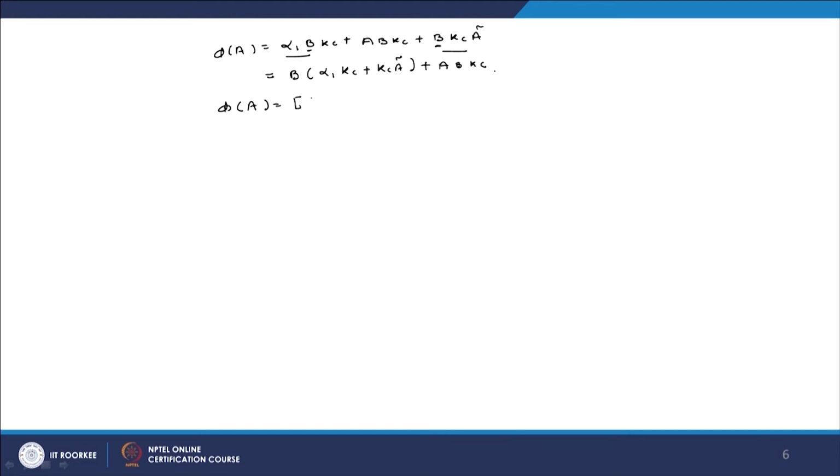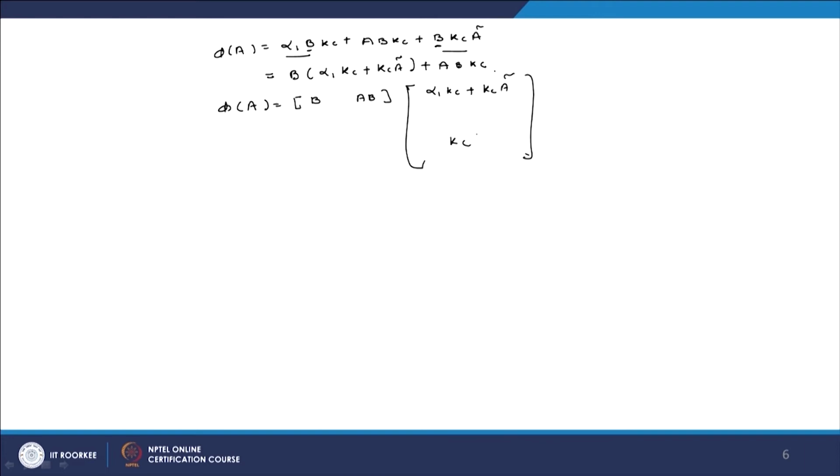we can write as b a b times alpha 1 into k c plus k c a bar, and here k c. So, we have written the equation in terms of phi of a equal to b a b, alpha 1 k c plus a bar into k c.